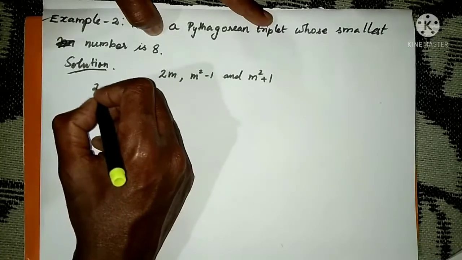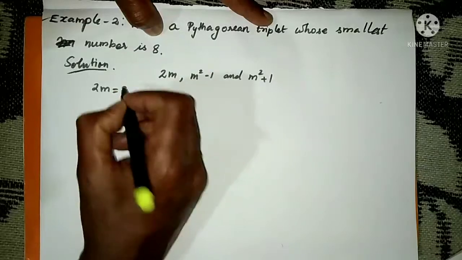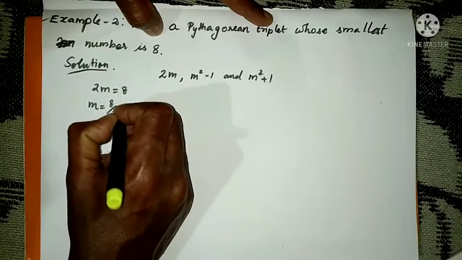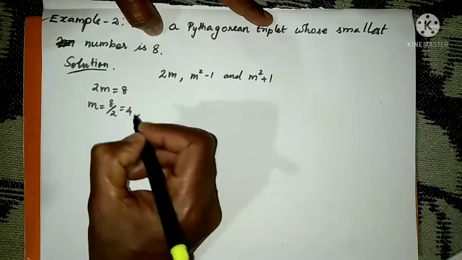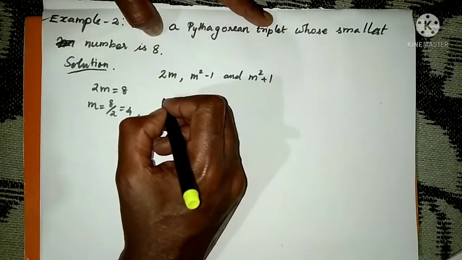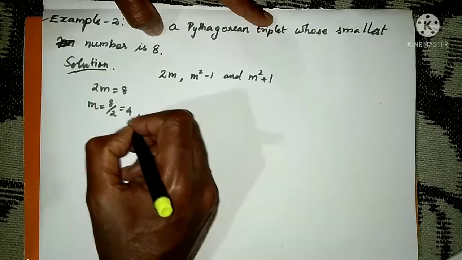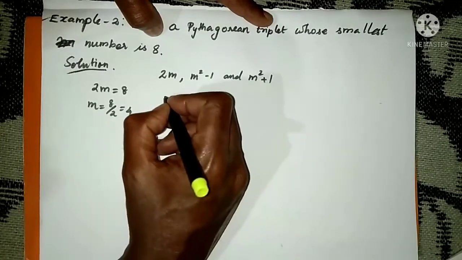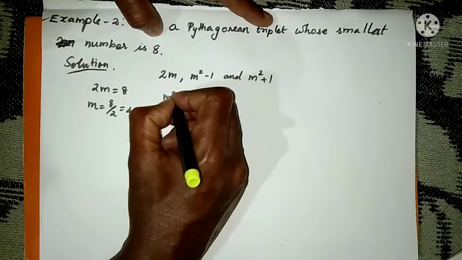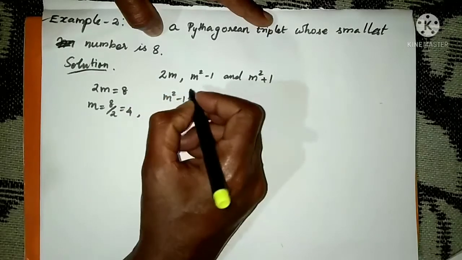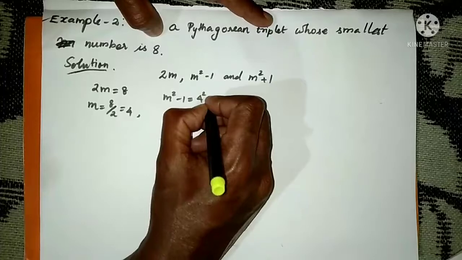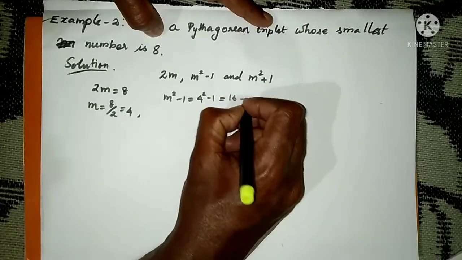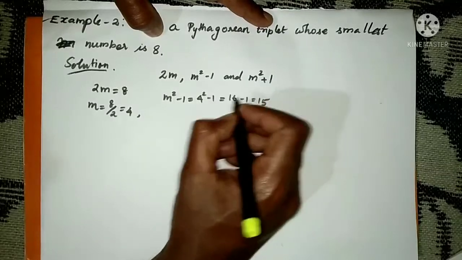So we can take that 2m is equal to 8. From this, 8 divided by 2 is equal to 4. So m value we got as 4. Then let us find the value of m square minus 1. That is nothing but 4 square minus 1, which is equal to 16 minus 1, which is equal to 15.